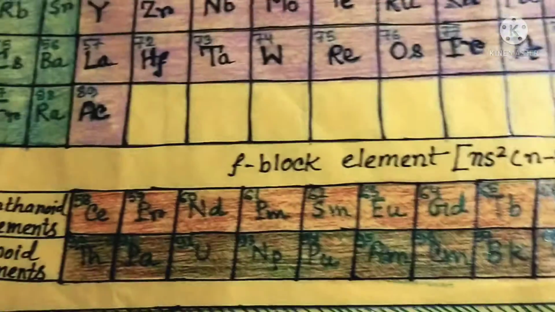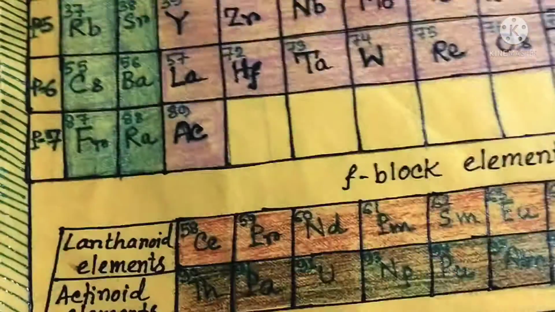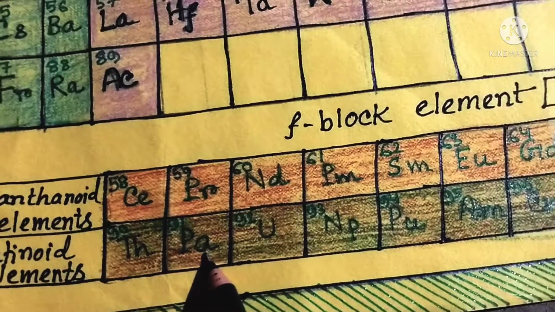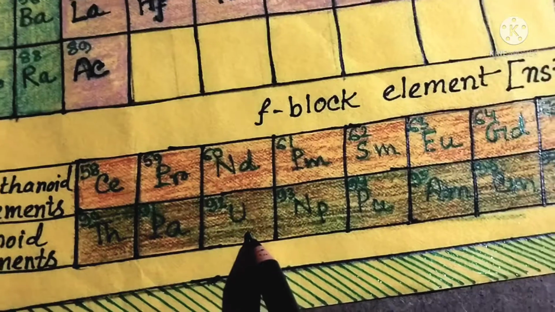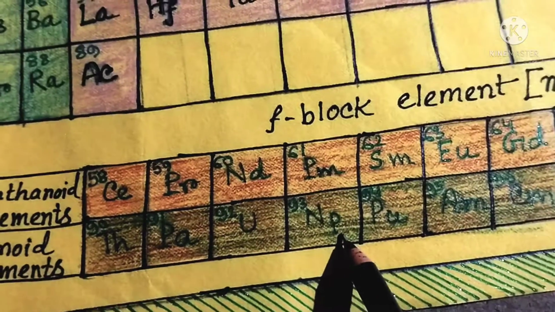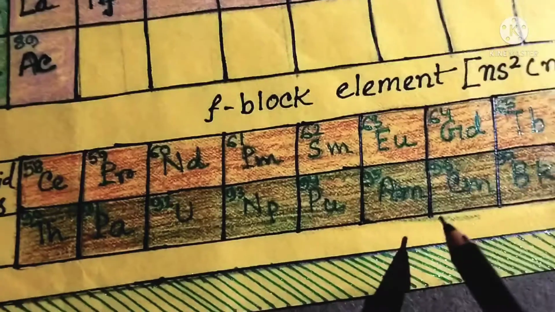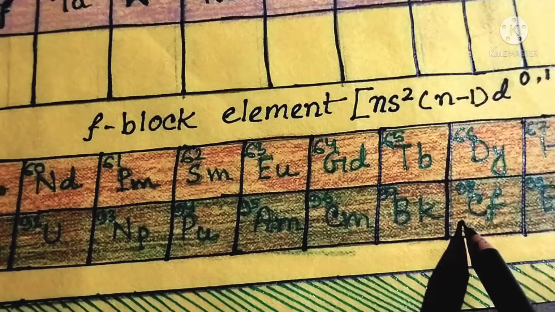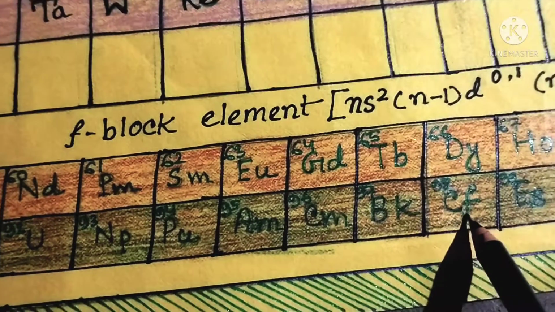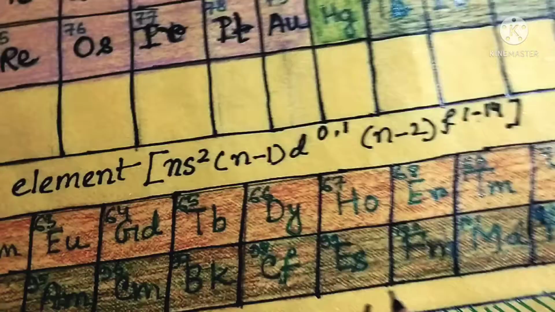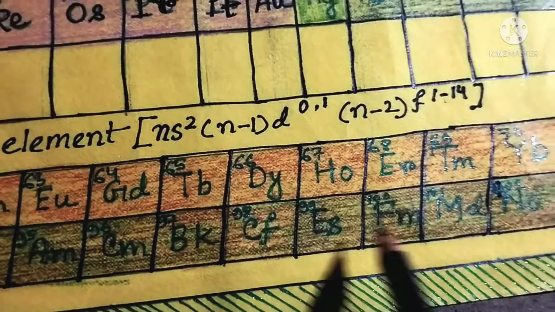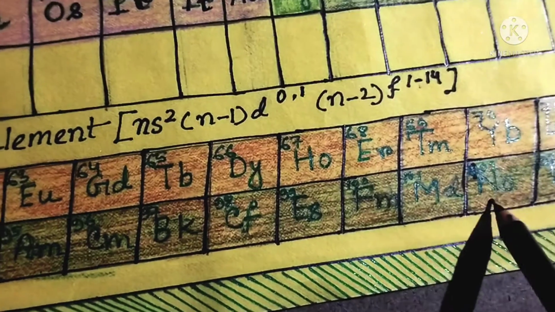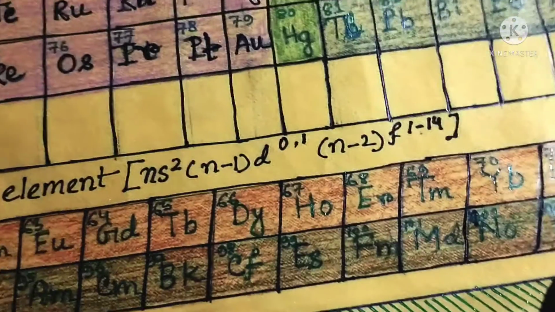These are the lanthanoid elements, and the actinoid elements are thorium, Pa, protactinium, U, uranium, Np, neptunium, Pu, plutonium, Am, americium, Cm, curium, Bk, berkelium, Cf, californium, Es, einsteinium, Fm, fermium, Md, mendelevium, No, nobelium, and Lr, lawrencium.